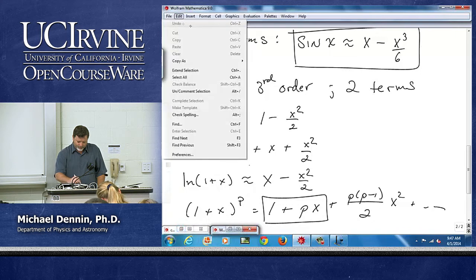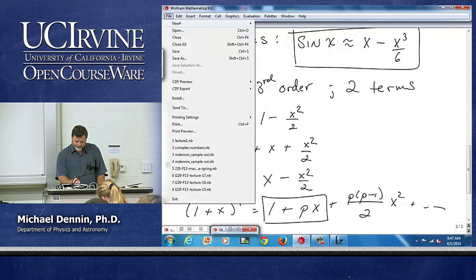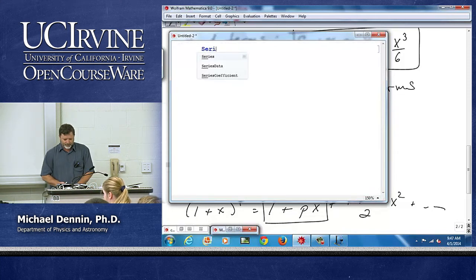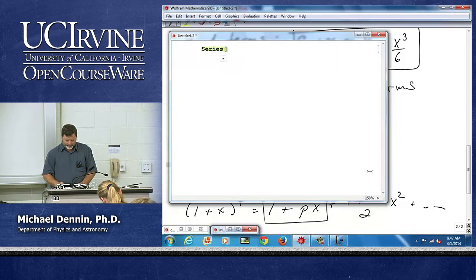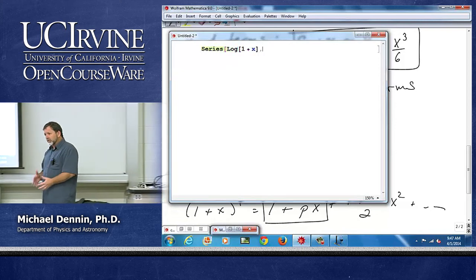let's just open up a new notebook. The Mathematica command that does all of this is Series. So if we just take one of these, log of 1 plus x, notice the natural log is the logarithm we use the most in science.